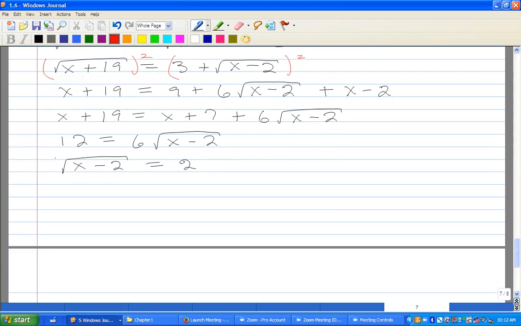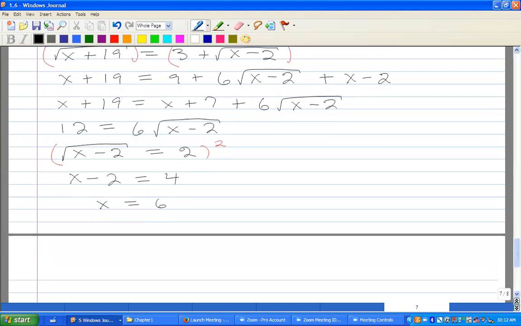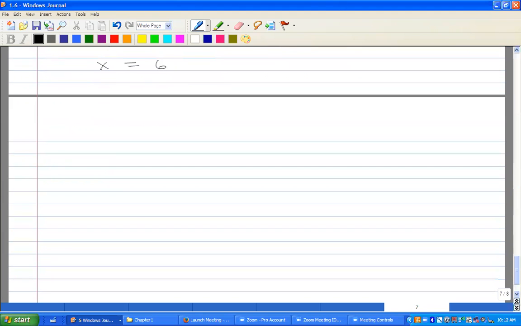Square both sides of my equation. So the square gets rid of the square root. 2 squared is 4. Add 2 to both sides of my equation, so x is equal to 6. I have to check to see if this is a solution to my original equation.